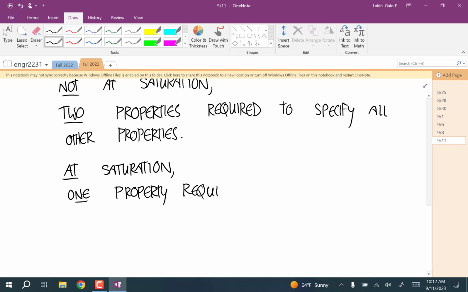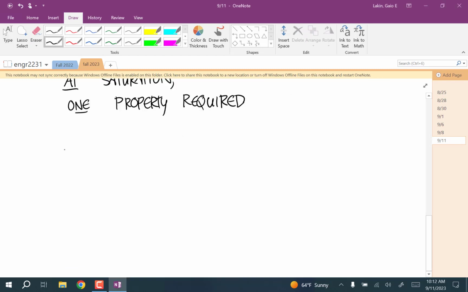And we're going to use this fact with property tables. Okay, so property tables.